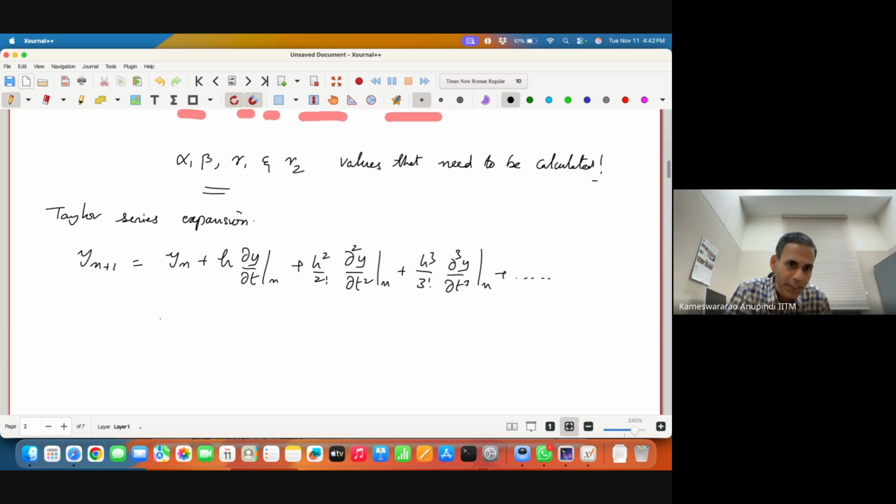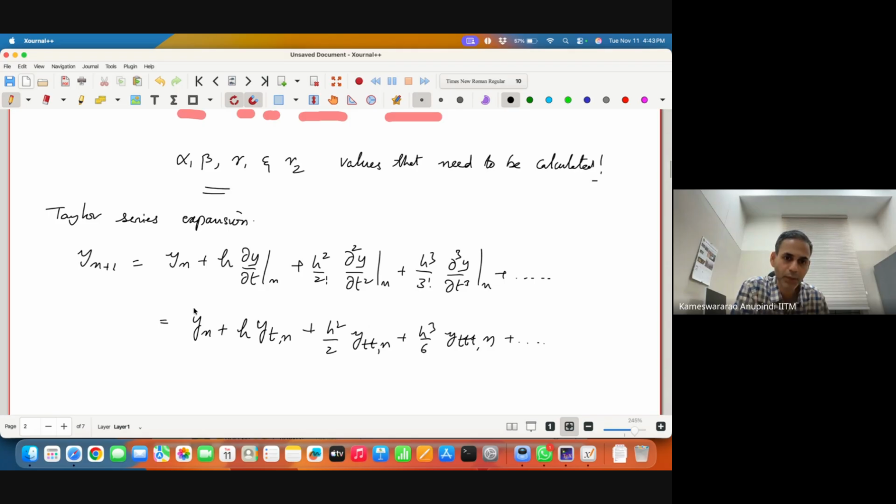Okay, so let me slightly write it differently so that it is easy for me. So we say yn plus h times, partial y by partial t, which I am going to write as y sub t comma n. Okay, that means this is dou y by dou t at n, plus h square by 2 y tt n, and h cube by 6 y ttt n, and so on, right?